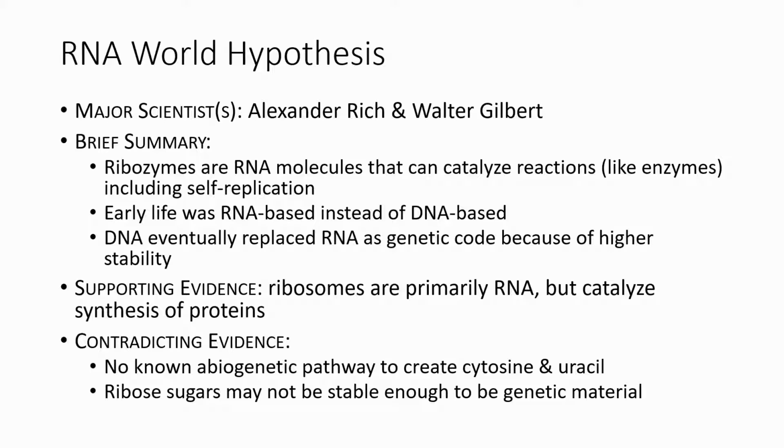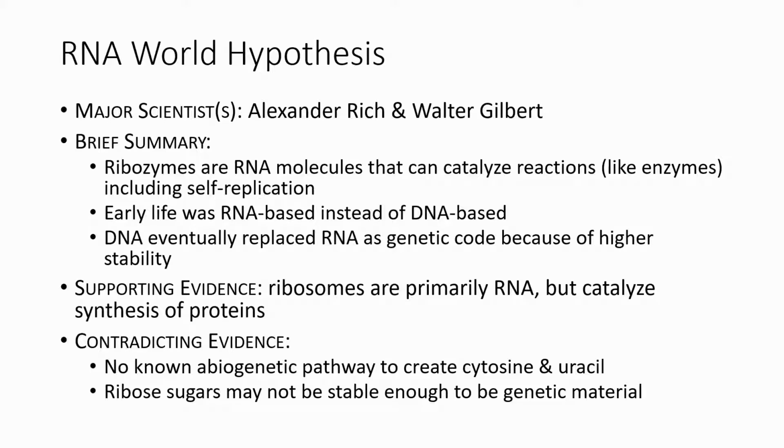However, DNA is more stable than RNA, and so it gradually came to replace the RNA as the genetic coding molecule for life. There is evidence that this must have happened early in the development of life. Basically, the fact that all organisms living on the planet today use DNA as their genetic material.